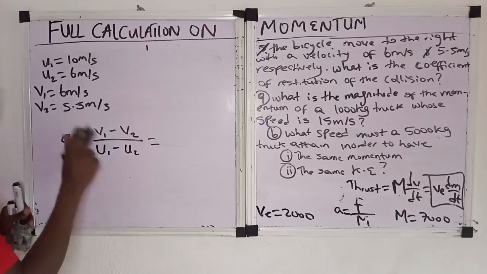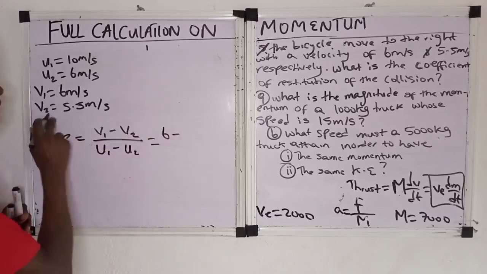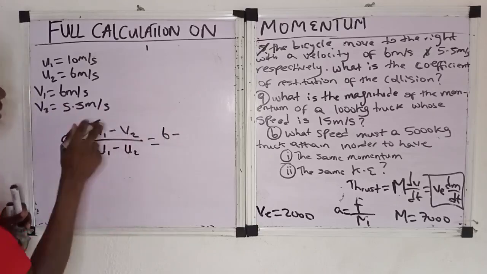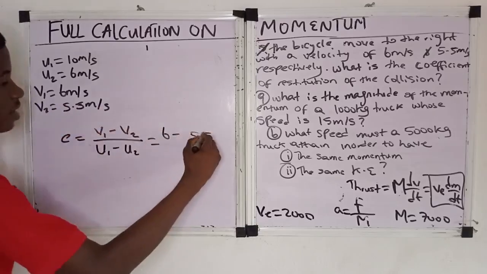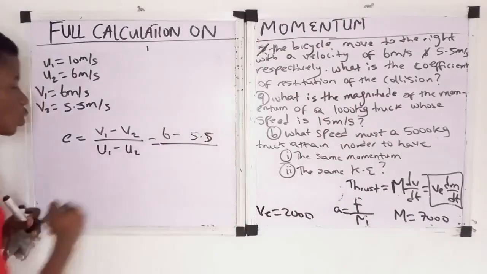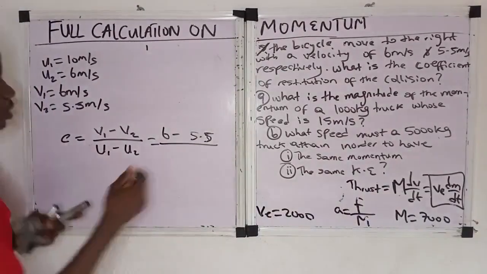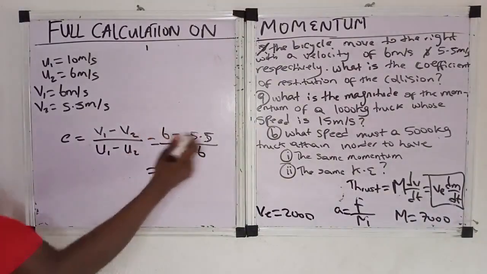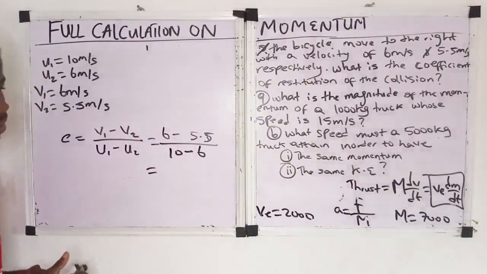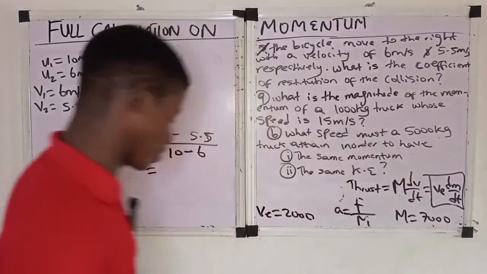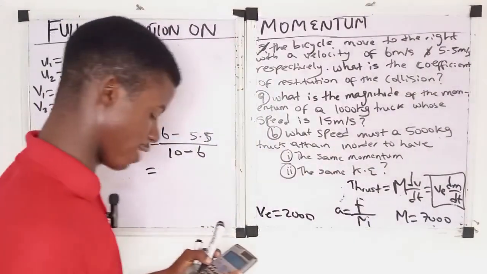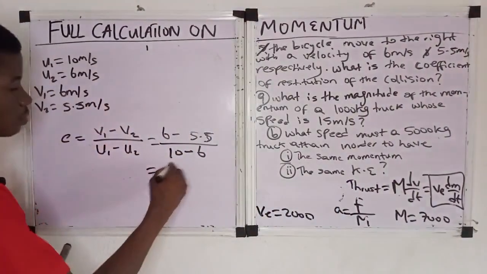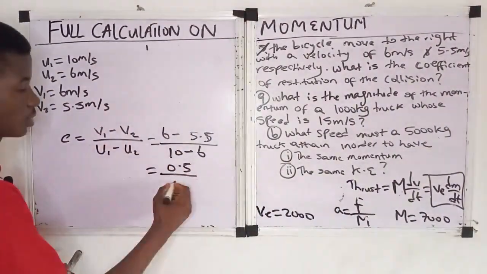So the final velocity v1 of the truck is 6, v2 is 5.5, u1 is 10, and u2 is 6. If we do this, 6 minus 5.5 gives us 0.5, then 10 minus 6 gives us 4.